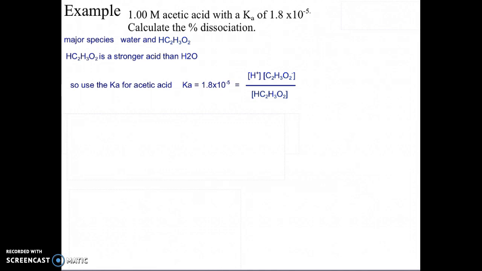The Ka expression is 1.8 times 10 to the negative 5, and that would equal, as we know, any Ka or Keq is products over reactants: the hydrogen ion concentration times the acetate ion concentration over the acetic acid concentration. Now I'm going to write a rice table, and here's my equation. This is the dominant equation, the one that's going to produce the most hydrogen ion. It's the acetic acid.